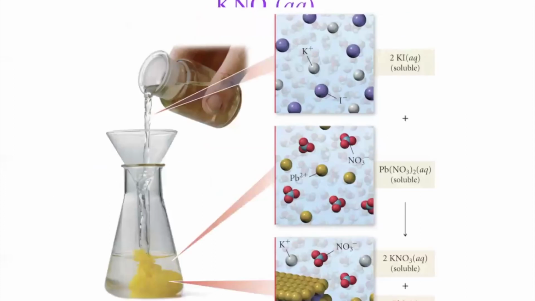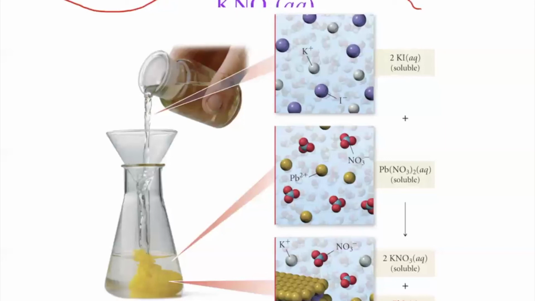Here we have an example where we have your reactant, which is aqueous, and the second reactant that is aqueous. When these two are mixed, you form a precipitate, which is solid. If you look at the table, lead with iodine, when they go together, they form an insoluble compound.